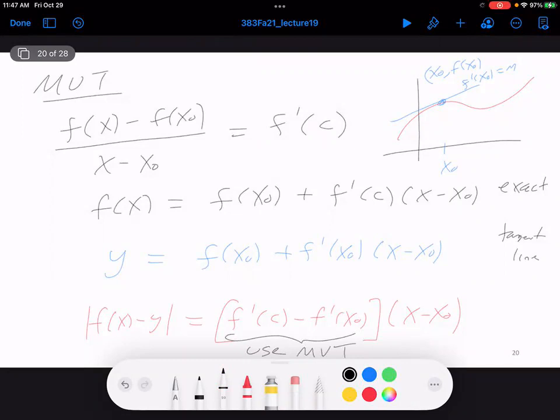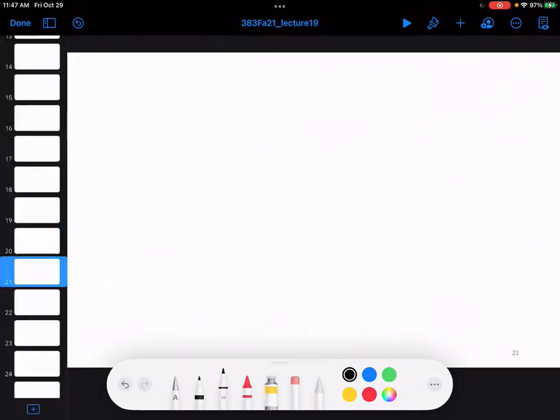If we assume f' is differentiable, then for f'(c) - f'(x0), we can just use the mean value theorem.